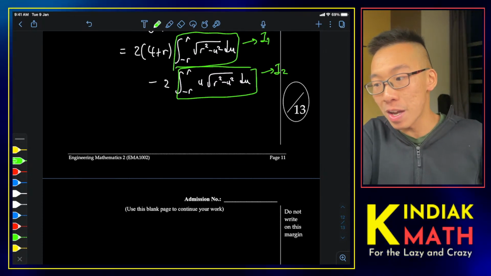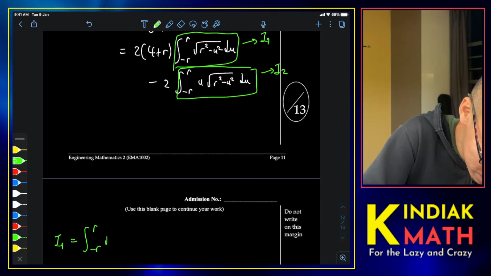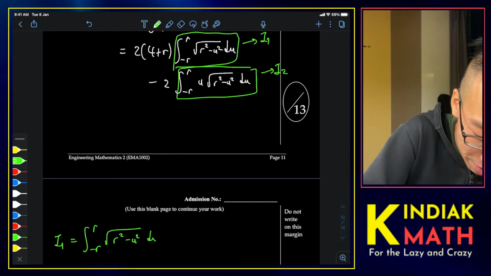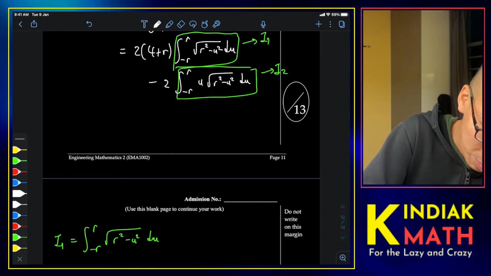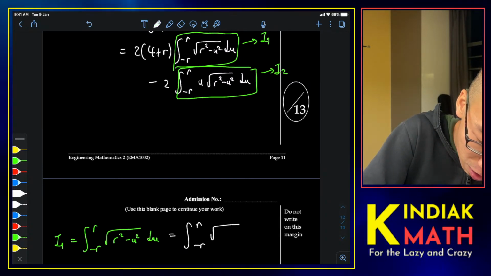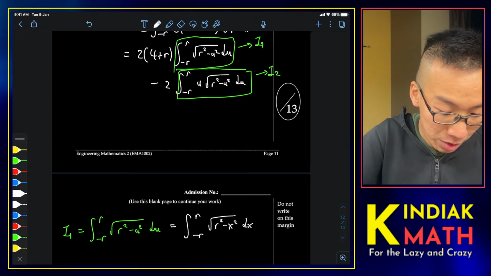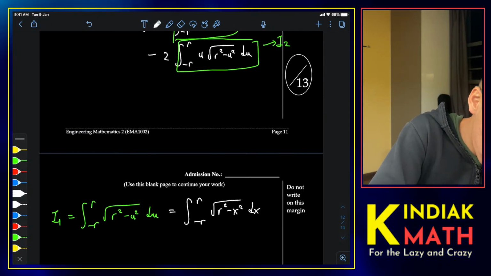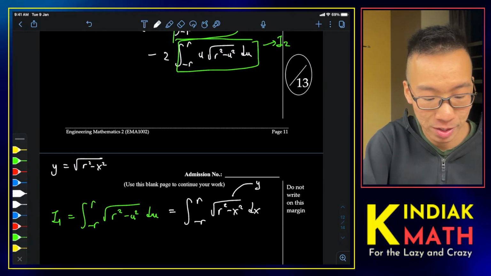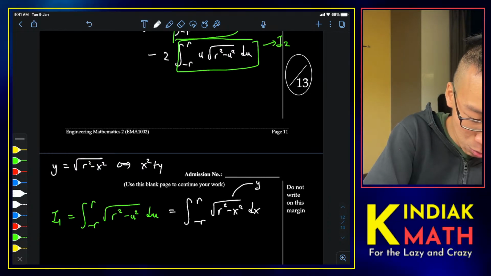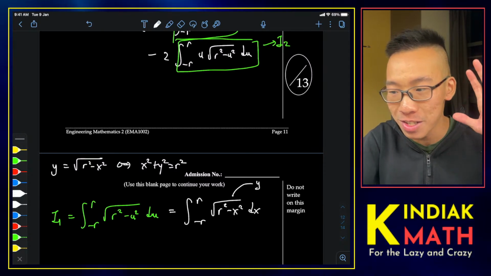Now for this first integral, there are a few ways you could do it, but perhaps there is a little trick up our sleeves, which some of you might have remembered or forgotten. If you look carefully, this looks like the integral of the square root of r squared minus x squared dx. I'm just changing the u with an x. You might recall that if y equals the root of r squared minus x squared, then we get x squared plus y squared equals r squared, which is a very special shape.